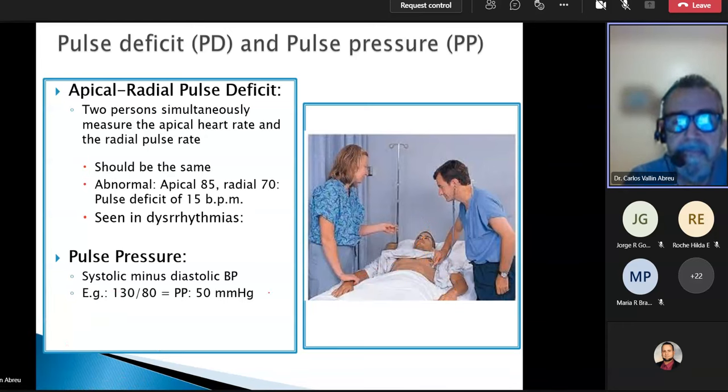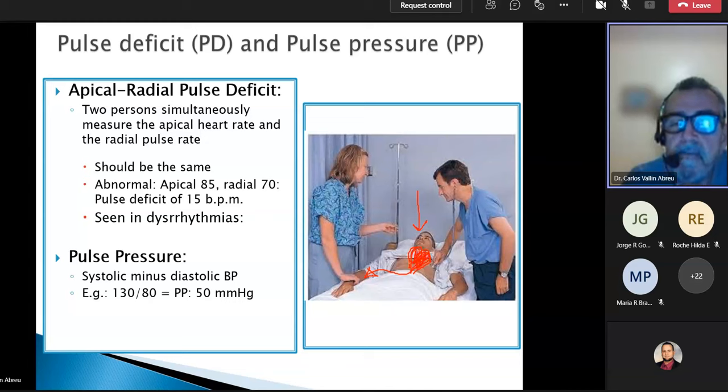What happens when the heart has a dysrhythmia or arrhythmia? Better to say dysrhythmia. Suppose an atrial fibrillation, which you know well. Because of the irregularity of the heart, some beats are so weak, so abnormal, that they are unable to send a significant amount of blood and pressure to the distal artery, the radial artery, and the lady will not feel any pulse in some of the beats of the heart.